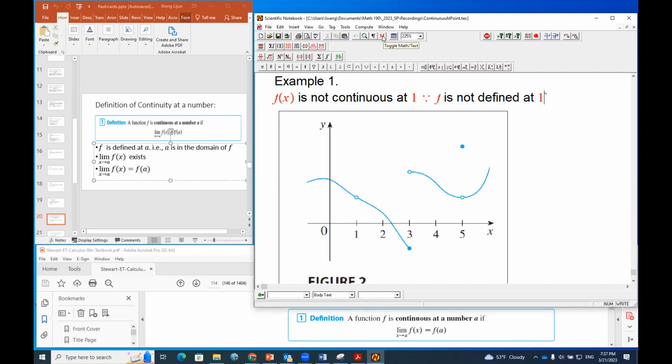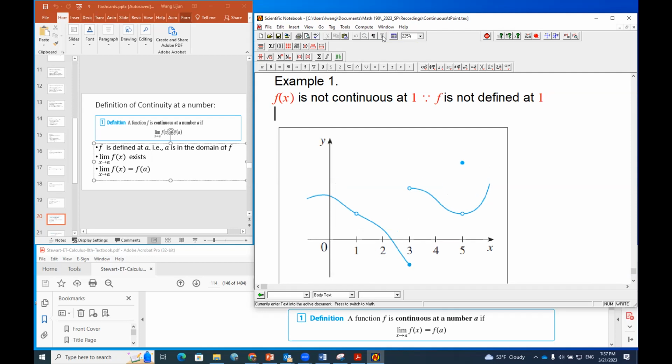That's it. It's done. So it is not defined at 1, even though the limit from left and limit from right both exist, but it's not defined at 1. The first condition is not satisfied.